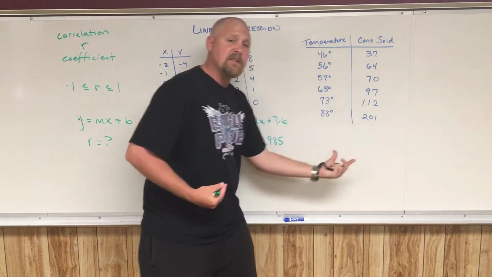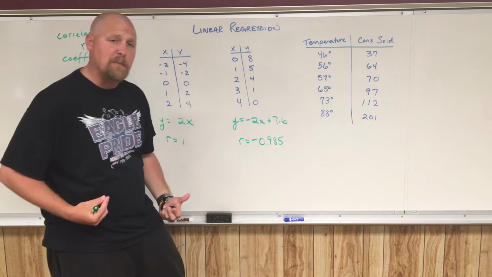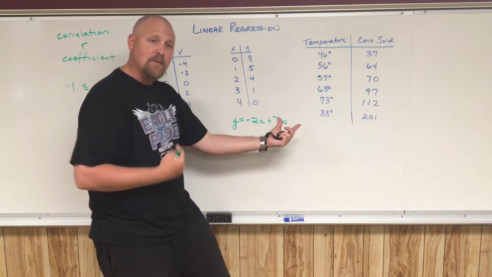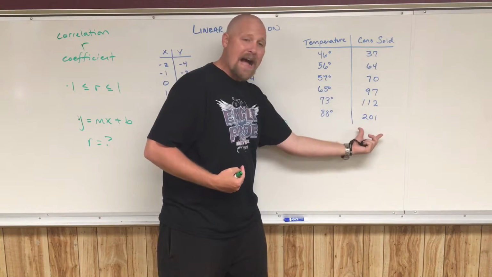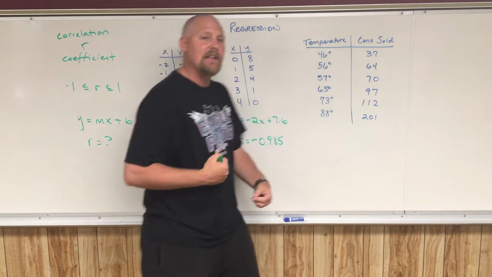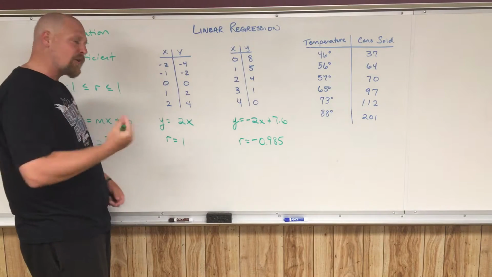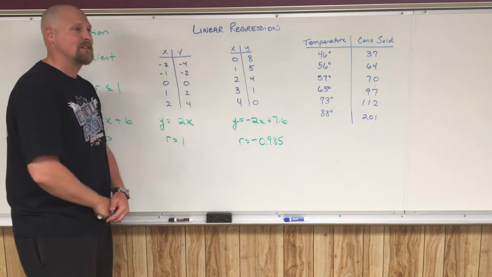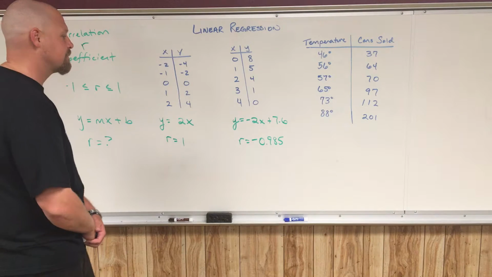Cans is the dependent variable. Cans depends on the temperature outside. So put this in the A column or the X column on your calculator and this in the Y or the B column, and calculate your linear regression. Go ahead and pause the video.